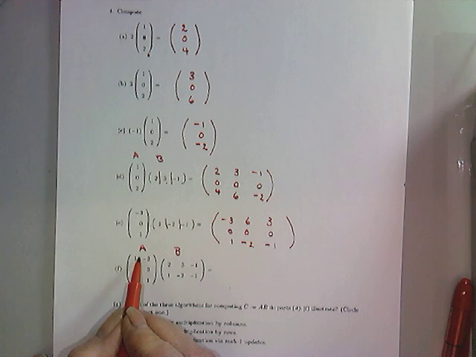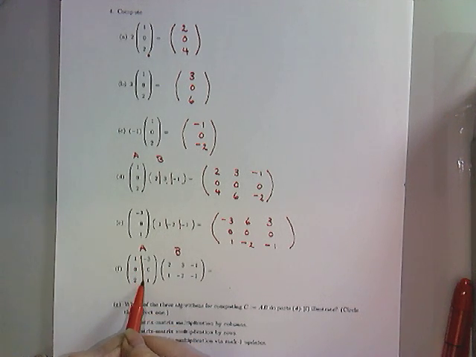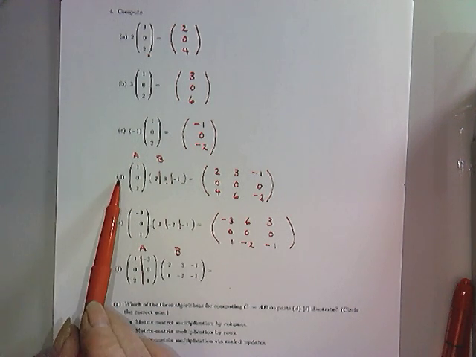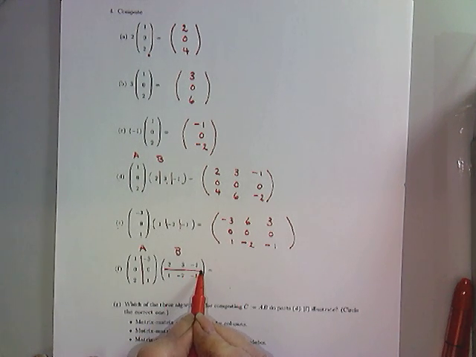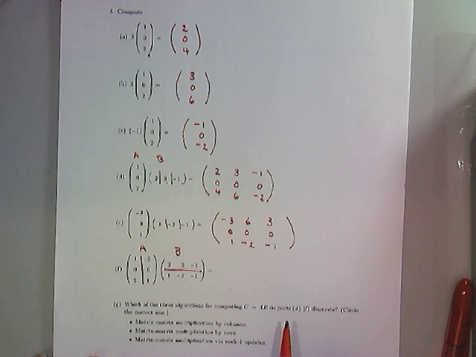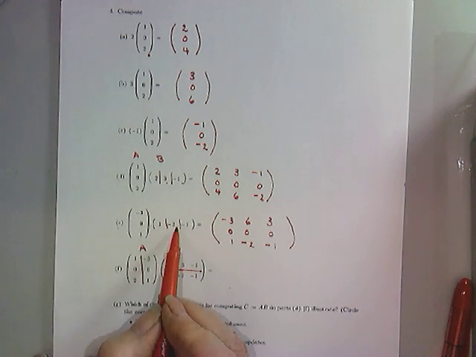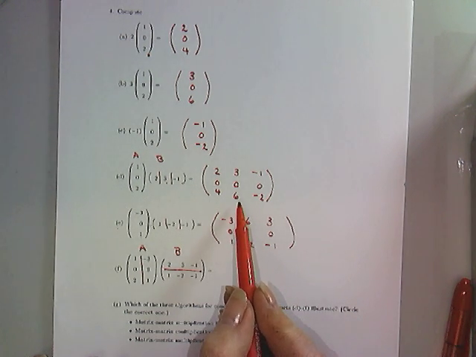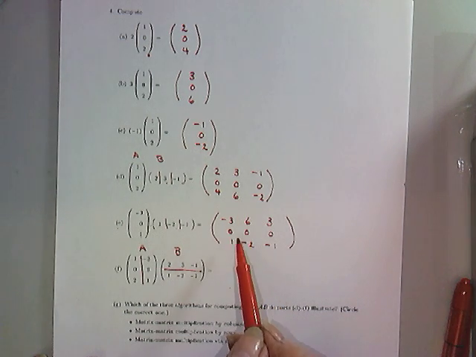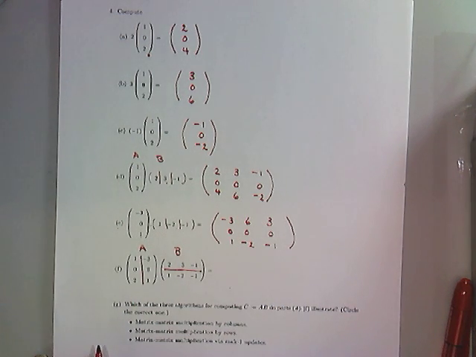It seems to me that A is made up of the vectors that we perform multiplication with in D and E, and B is made up of the row vectors, again, that we perform multiplication with in D and E. So it seems to me like I can actually use the results in D and E to help me perform this, so I don't have to do as much arithmetic and I don't make as many mistakes.